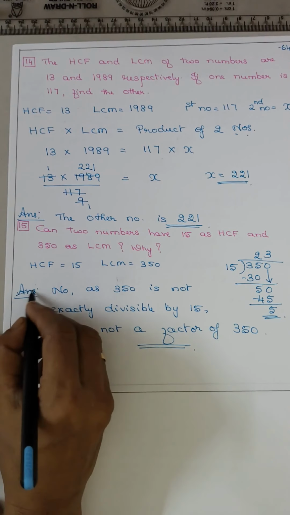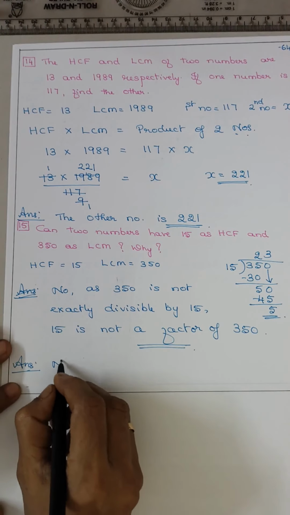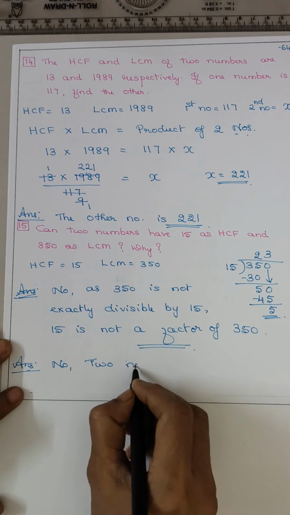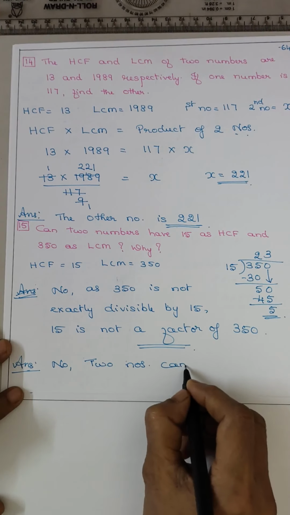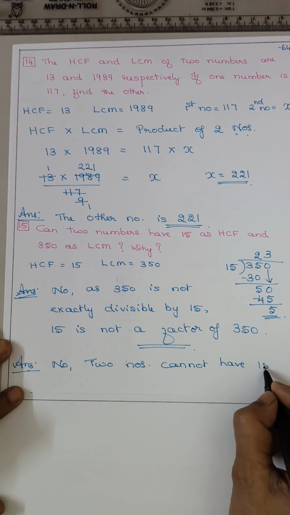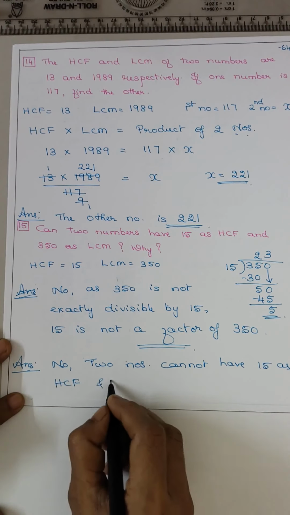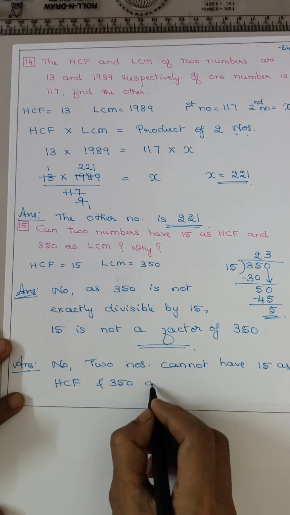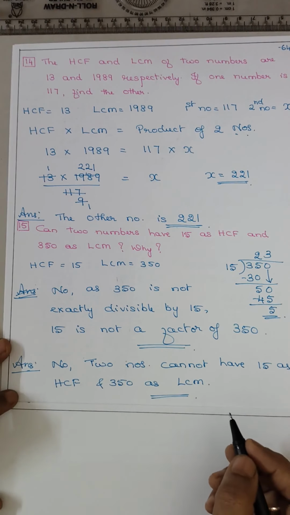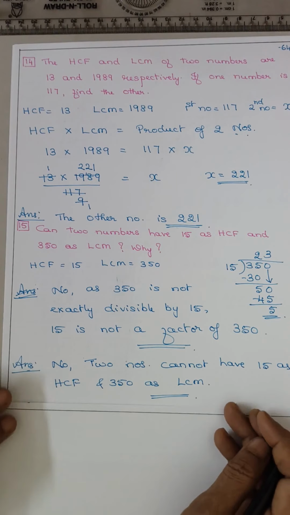So no, two numbers cannot have 15 as HCF and 350 as LCM, because 15 is not a factor of 350.